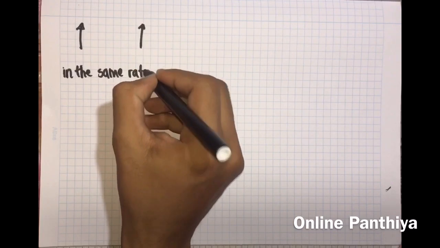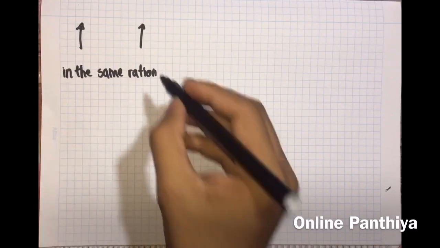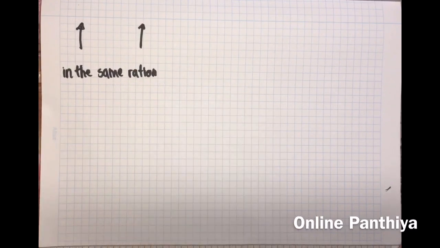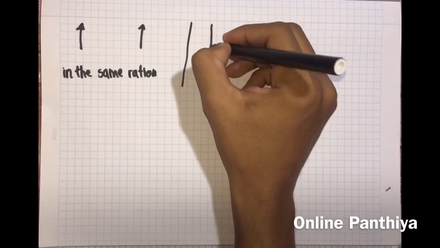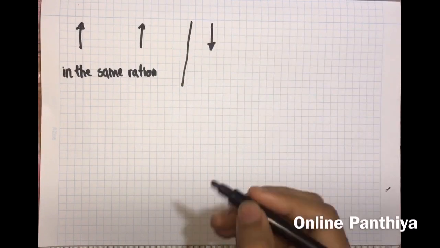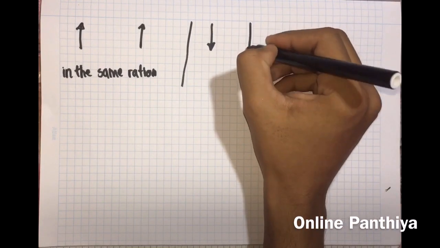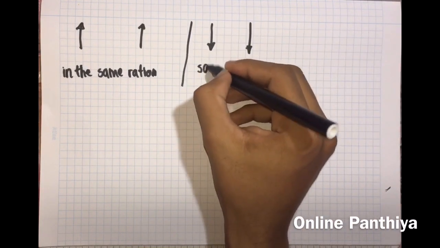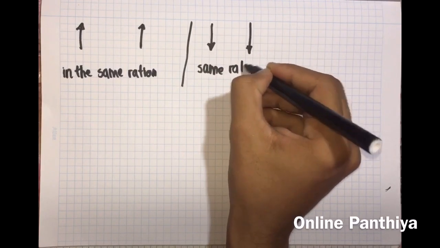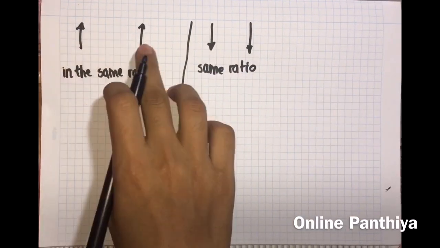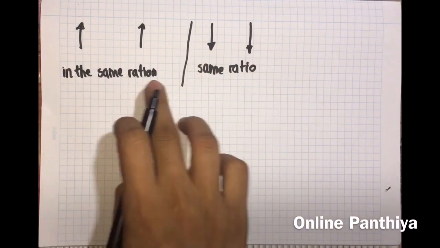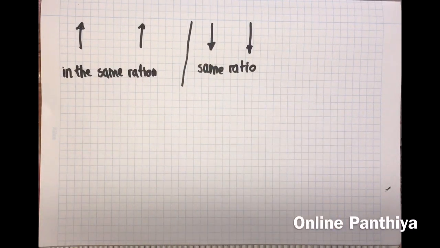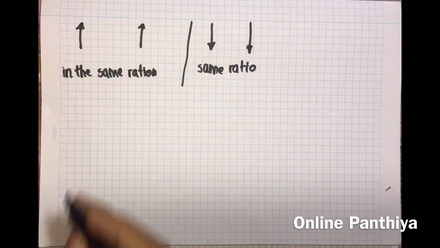Also, you have one more description: when one quantity decreases, the other also will decrease in the same ratio. So when one increases, the other also increases, or when one decreases, the other also decreases. You may not yet understand what the same ratio means, so for that I'll come to an example.